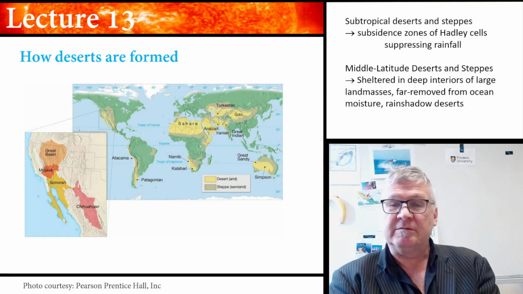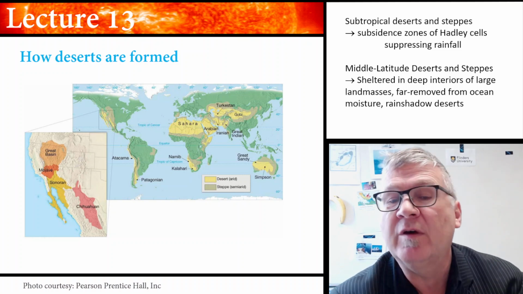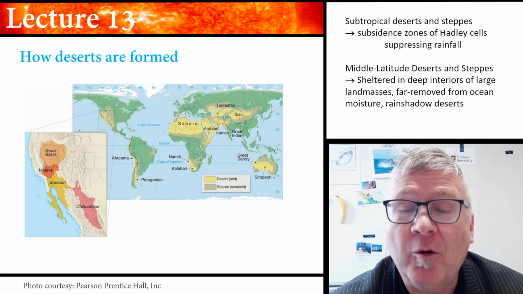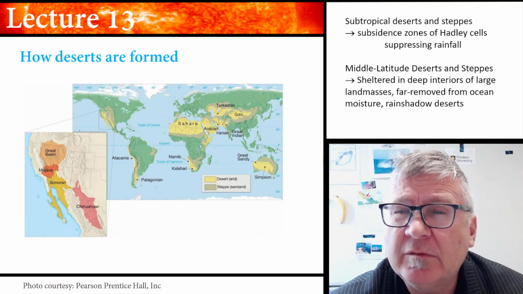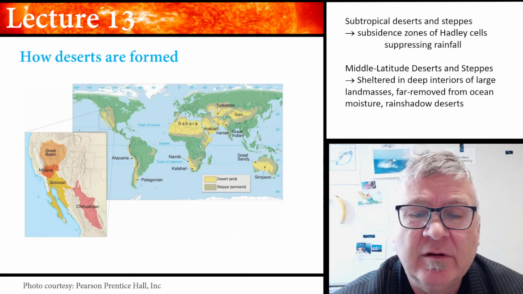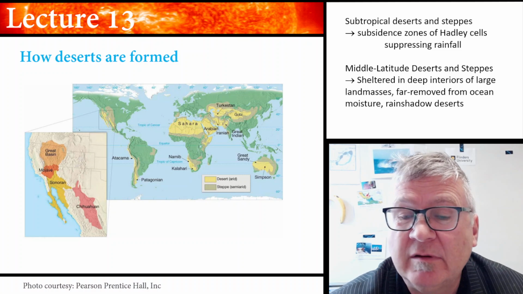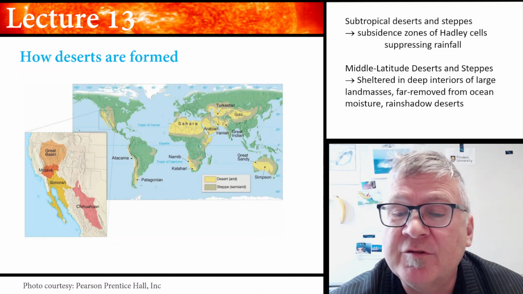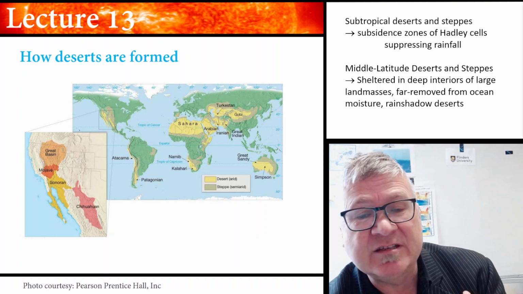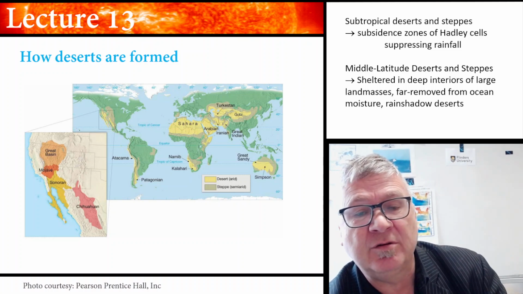So now you can use that knowledge and put it together, and you can now discuss how deserts are formed. There are essentially two different types of deserts, and we're also including the transition of semi-arid zones, steppe, which is also shown in this map, adjacent to the deserts.